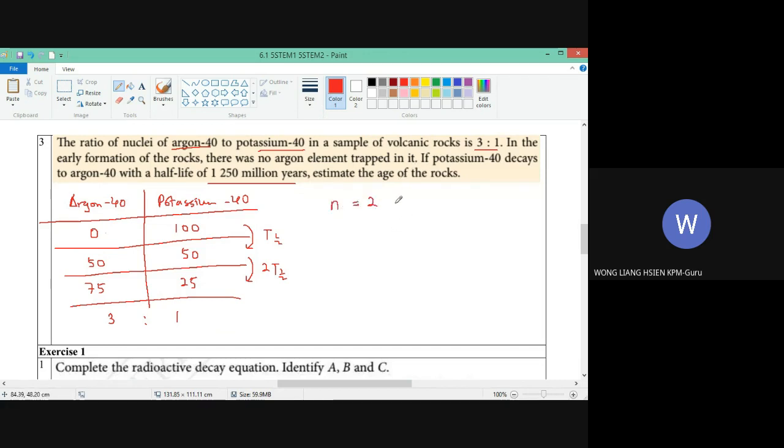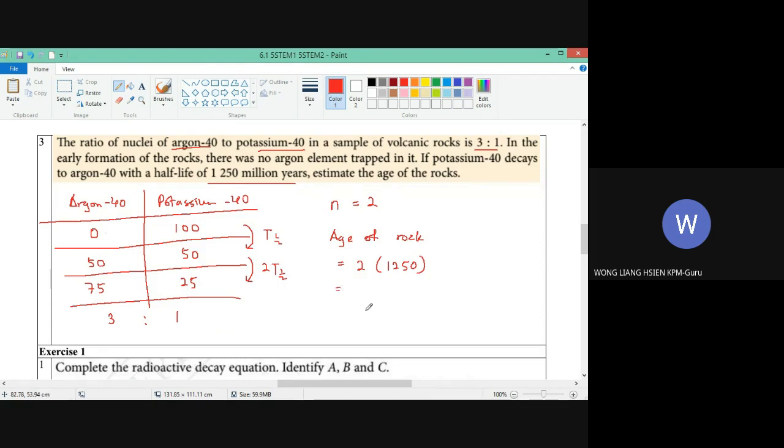If one half-life is 1,250 million years, the age of the rock will be equal to 2 times 1,250 million years.